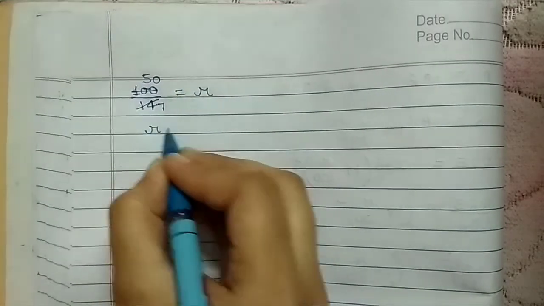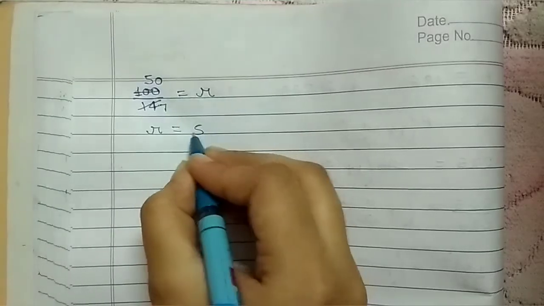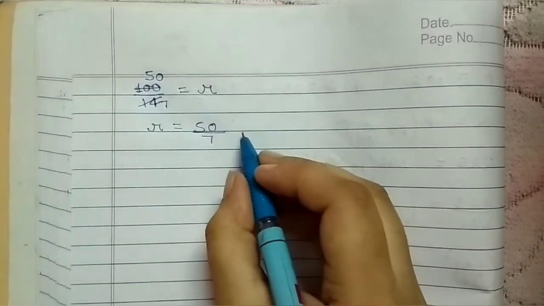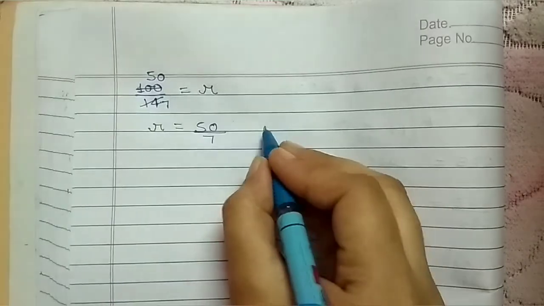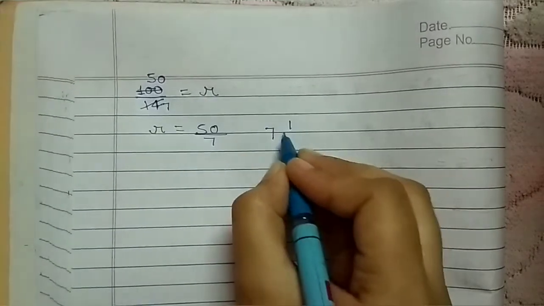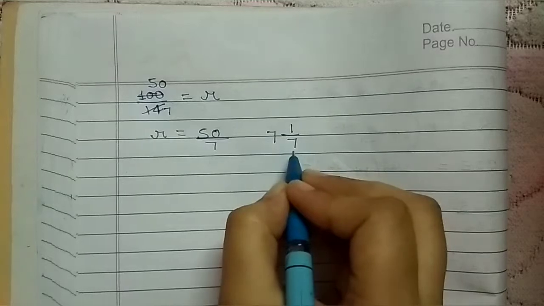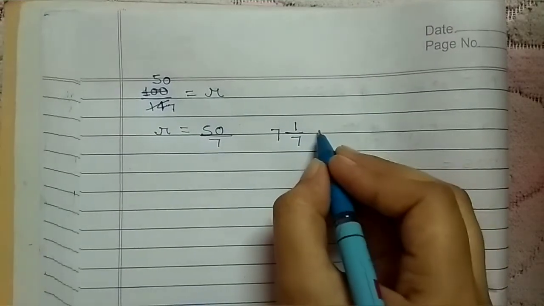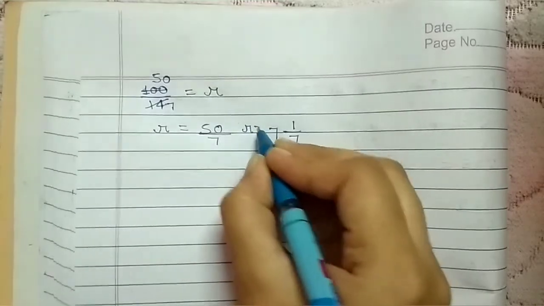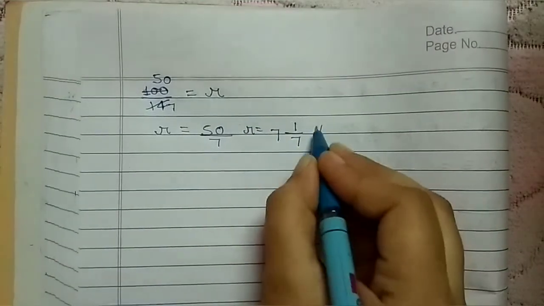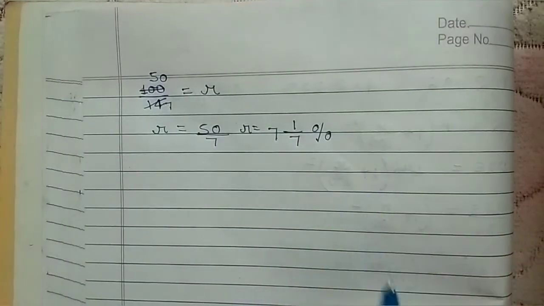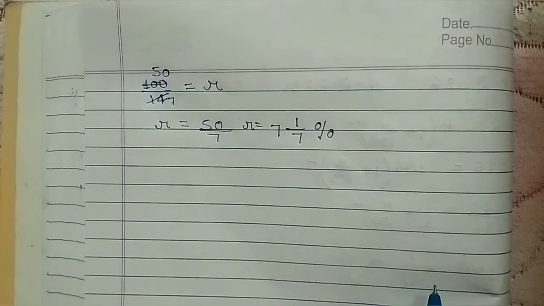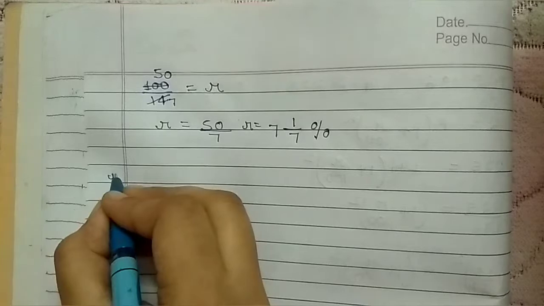So we got R equal to 50 upon 7. We will convert it into mixed fraction. 7 7s are 49 plus 1, 50 upon 7. So we get 7 1 upon 7 as our R. R equal to 7 1 upon 7%. This is our answer.